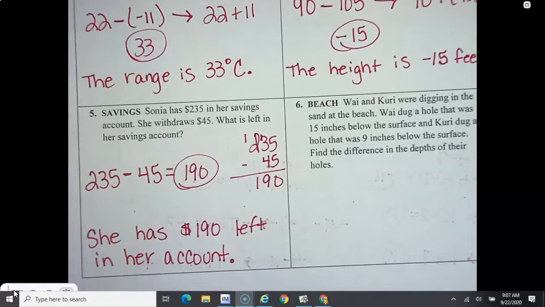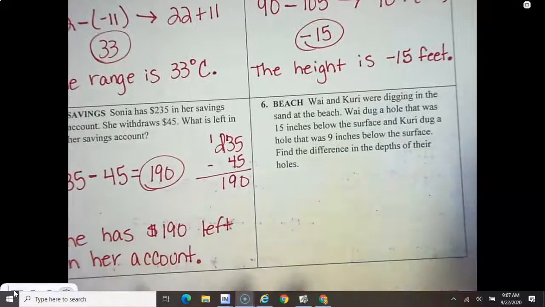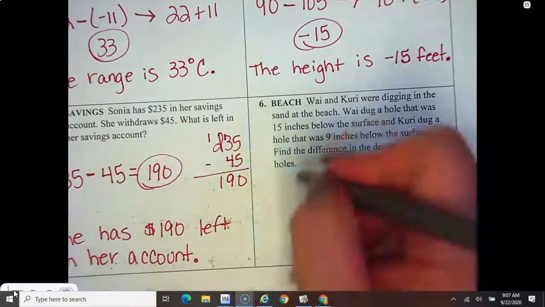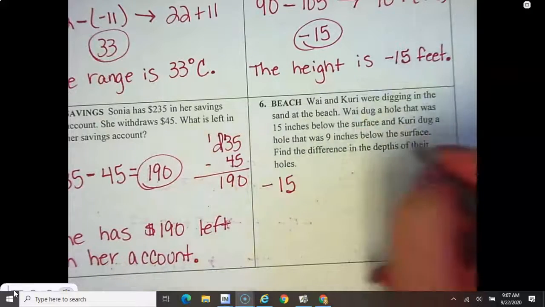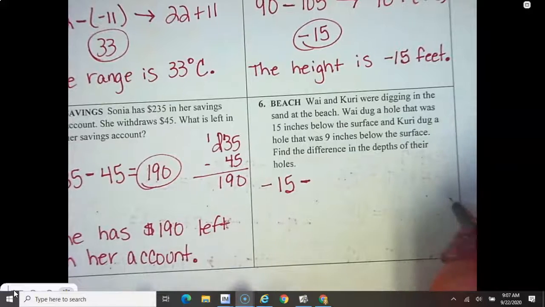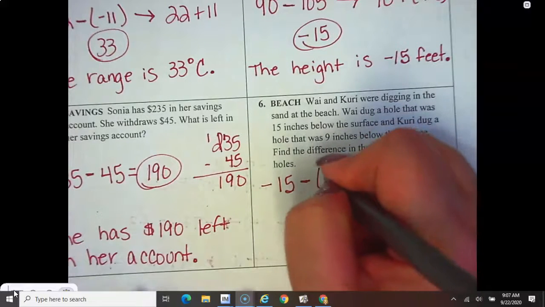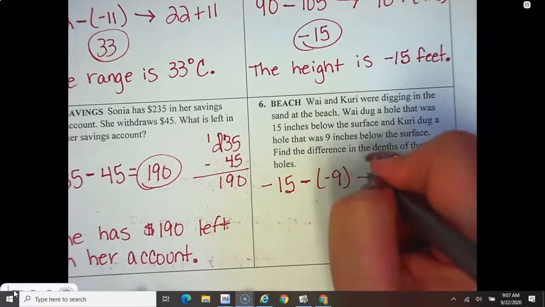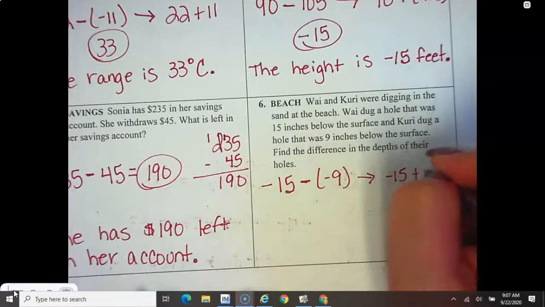Y and Curry were digging in the sand at the beach. Y dug a hole that was 15 inches below the surface. Curry dug a hole that was 9 inches below the surface. Find the difference in the depths of their holes. All right. So, 15 inches below the surface, is that a positive or a negative? And we need the difference. And then 9 inches below the surface is, so that becomes negative 15 plus 9.